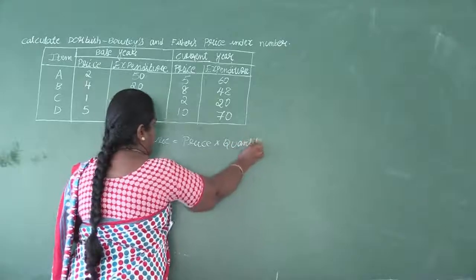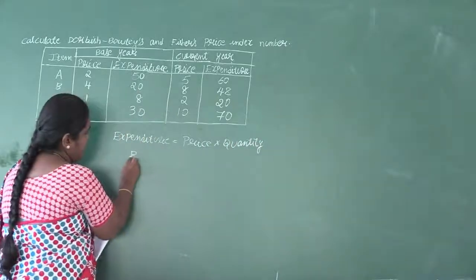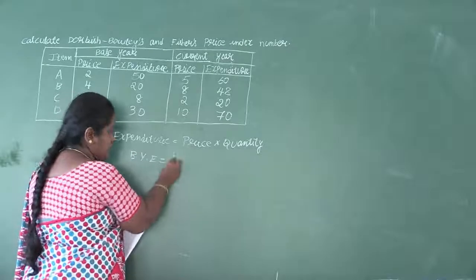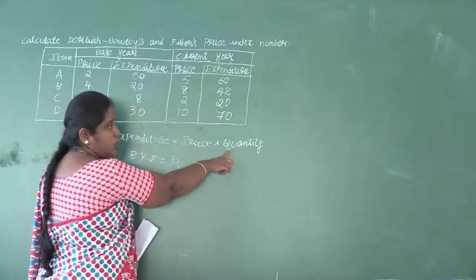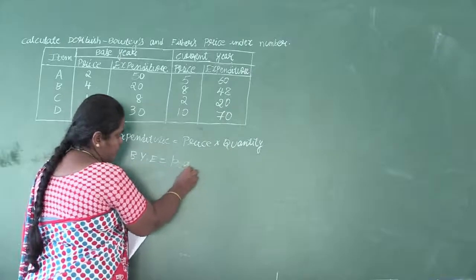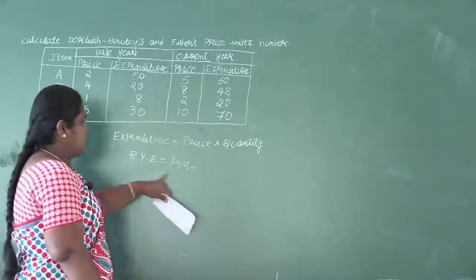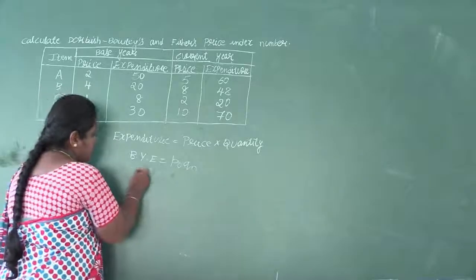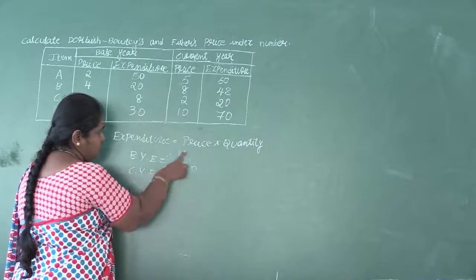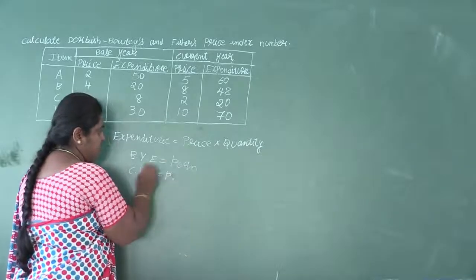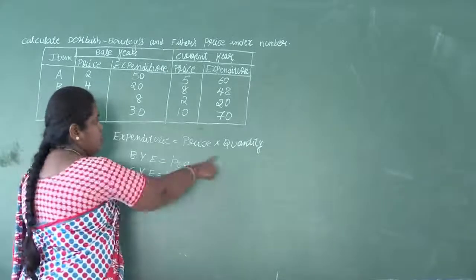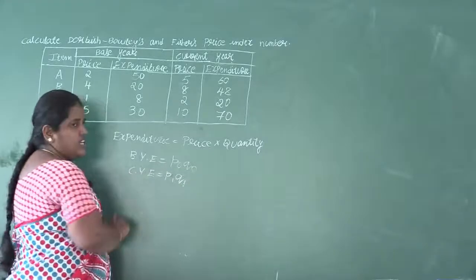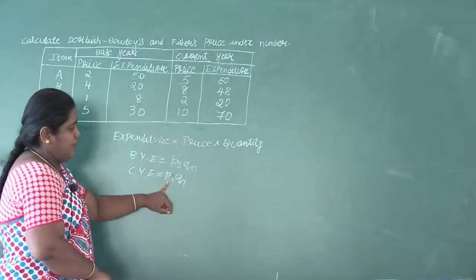So what will be the base year expenditure? Base year price is denoted by P0, quantity by Q0, so base year expenditure is P0 Q0. Current year price is P1, quantity of current year is Q1, so current year expenditure is denoted by P1 Q1.